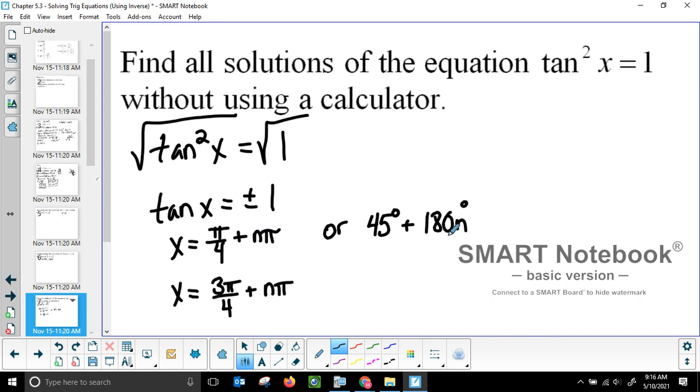That's pi and 180 are the same thing. And here you could say 3 pi over 4 is 135 degrees. So then you could do the same thing here.